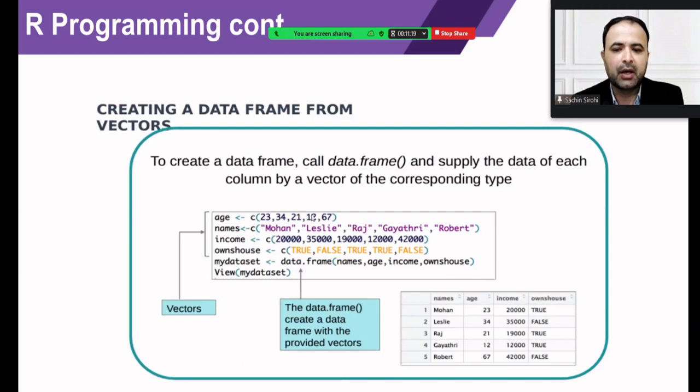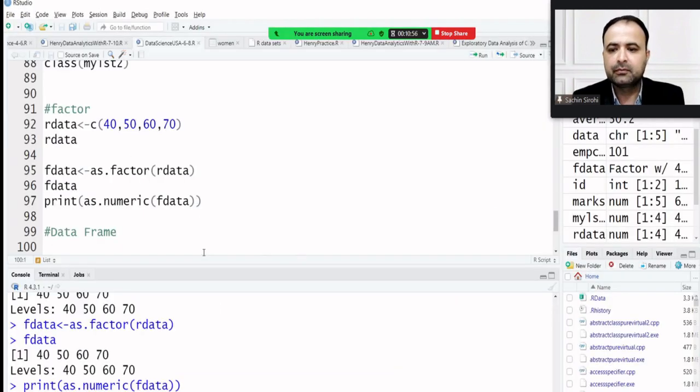We have the ages of 5 people, we have the names of 5 people, and we have income and house and my data set. Now with the help of data.frame, I have passed all of this. Now to check my data set, simply data.frame. I want to create only age, name, and address.